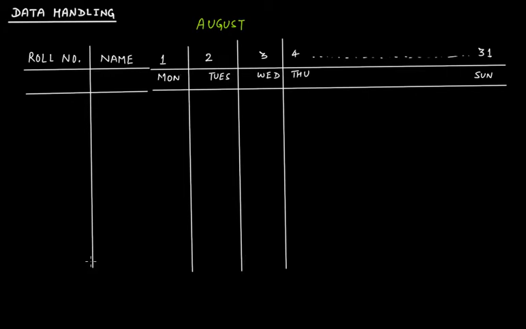Okay, let's suppose your attendance register looks something like this. So this is roll number and this is name.